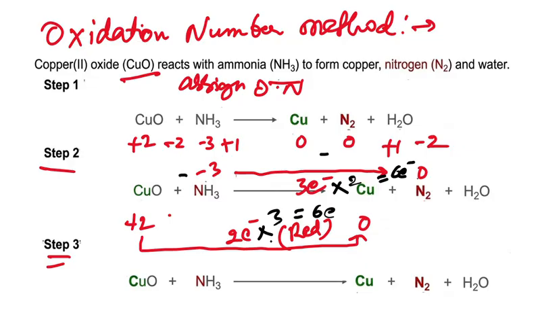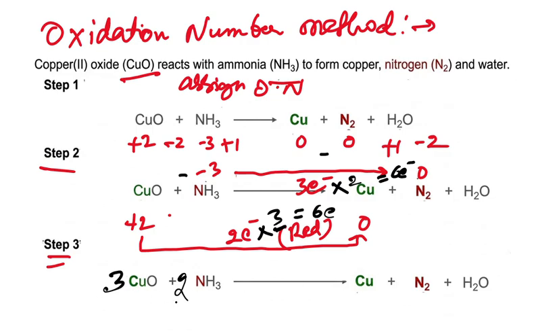So what integers are we using? For cupric oxide, cupric ions, I use 3 for balancing electrons. Here I am writing 3 as the coefficient. And for nitrogen I am using the integer 2, 2 becomes the coefficient.